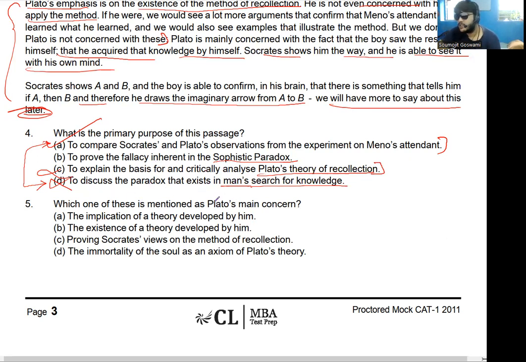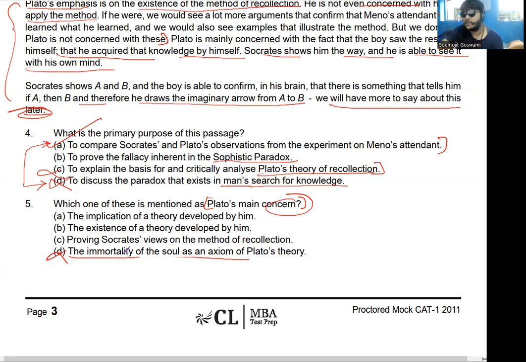Which one of these is mentioned as Plato's main concern? The implication of a theory developed by him, proving Socrates' view on methods of recollection, the immortality of souls and axiom of, so this is not something that he concerned himself with.